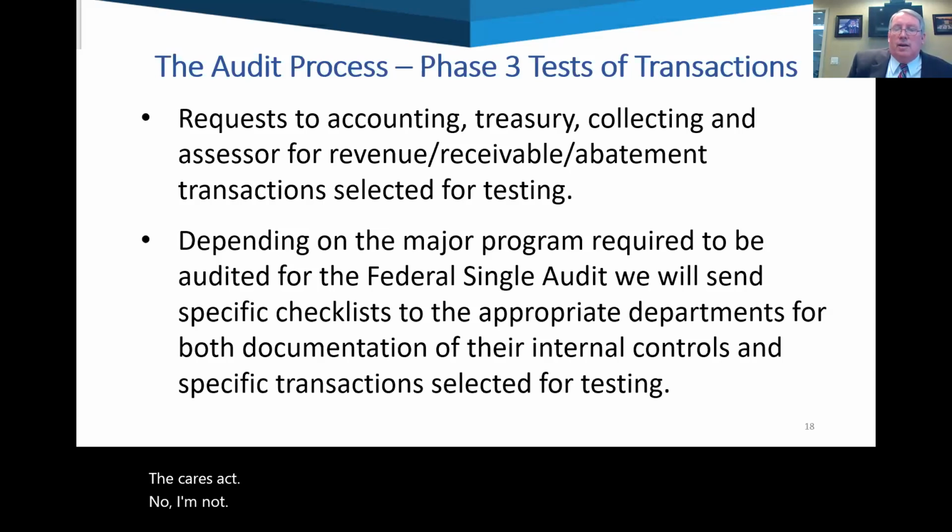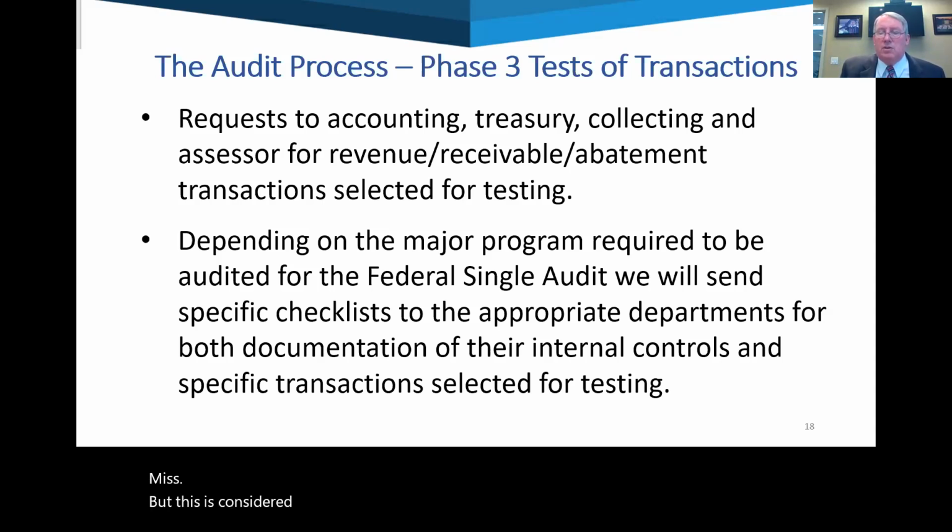And we're not sure right now the checklist that we're going to be sending out for this and who they're going to. And that may be to the treasurer, definitely to the accountants, definitely to the town administrator or the mayor, whoever is making this particular determination of how to spend the money.